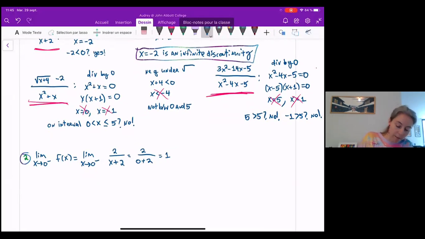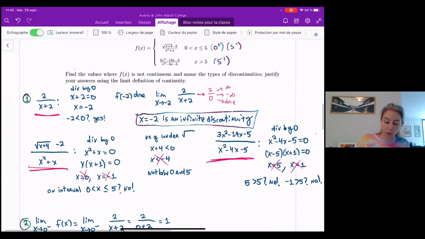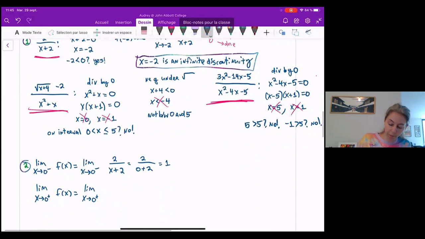Then I'm going to do the limit as x approaches 0 from the right of my function. And we said that on the right side of 0, I'm at that second function, root x plus 4 minus 2 over x squared plus x. And when I plug in here, I actually get root 4, which is 2, minus 2, 0, over 0 squared plus 0, so that's 0 over 0.